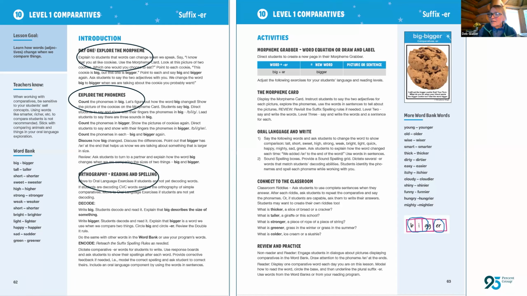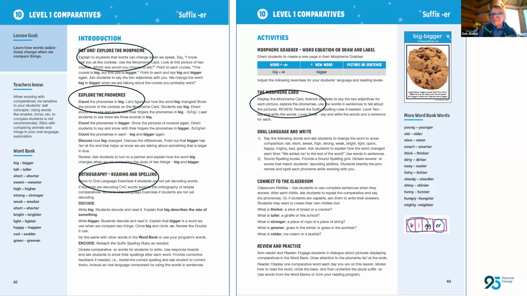Exploring the orthography and the spelling, and teaching the spelling rules, especially the doublet rule here. There's our morpheme grabber. If you look over on the next slide, we engage the children in the morpheme card. Teachers are led to use the morpheme card to, as I mentioned, engage children in language, but children do record their learnings in a morpheme grabber, we call it.